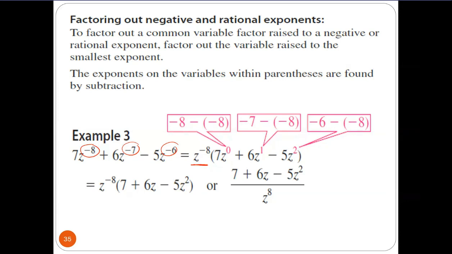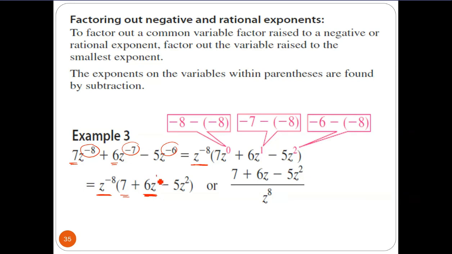So if we take z to the power negative 8, for the 7 we put 7, and for 6 we put 6. But what is the value of the exponent of z? The value of z, you take negative 11. So we put z to the power 1.